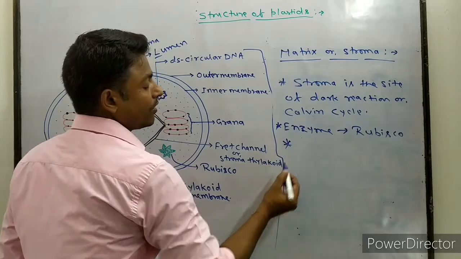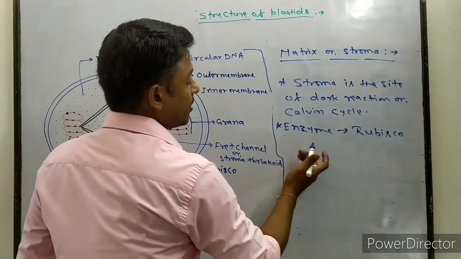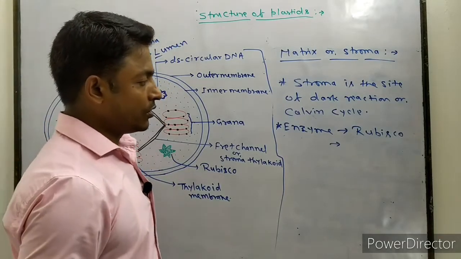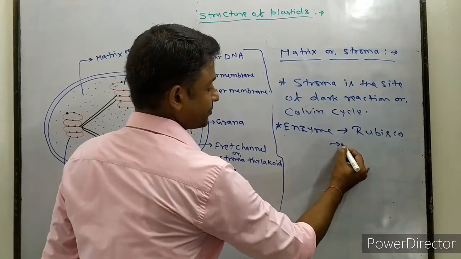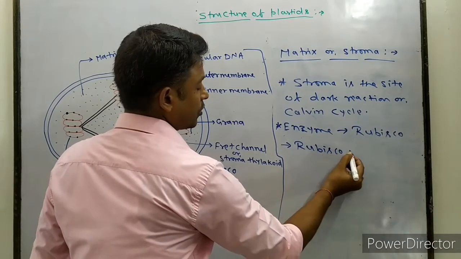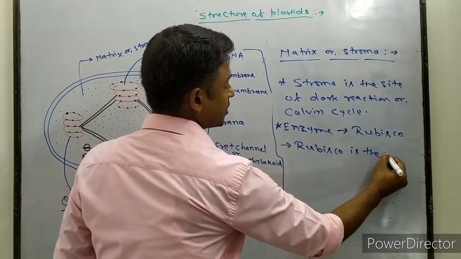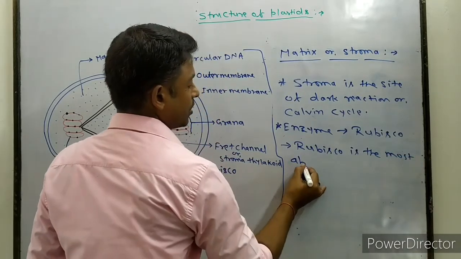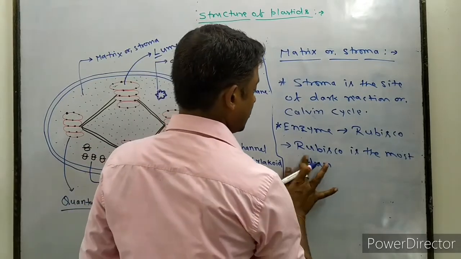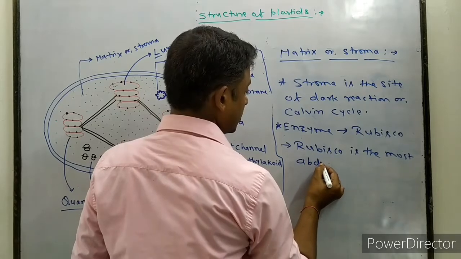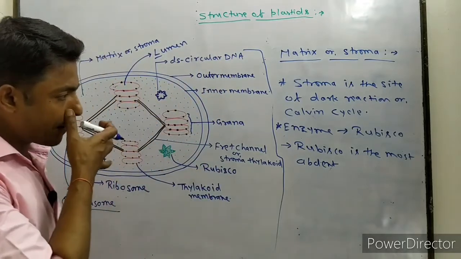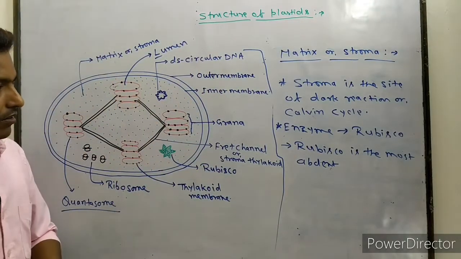Next, Rubisco is the most abundant enzyme on the earth.